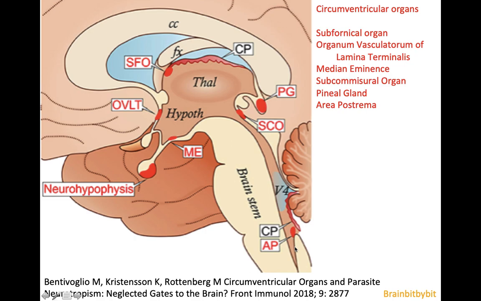And there are certain regions in the brain that do not have a very tight blood-brain barrier, and they are located around the ventricles and therefore called the circumventricular organs.